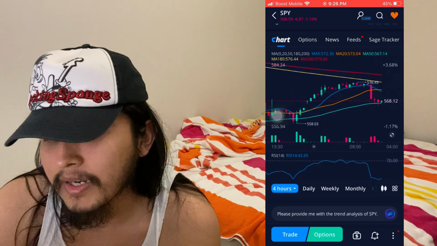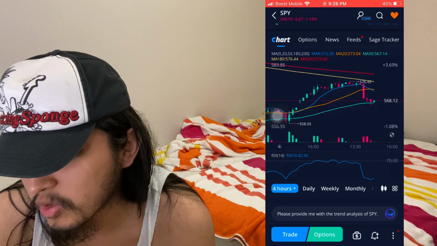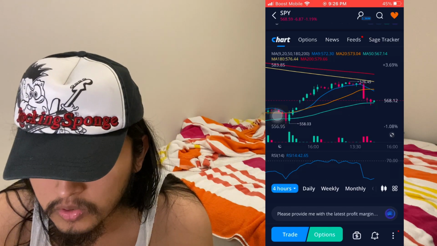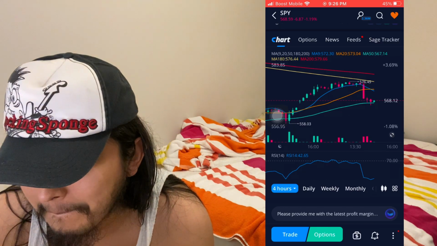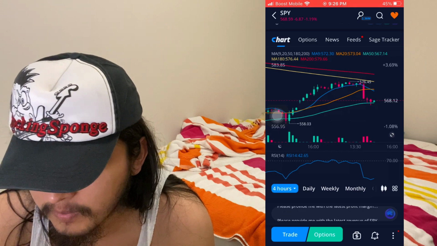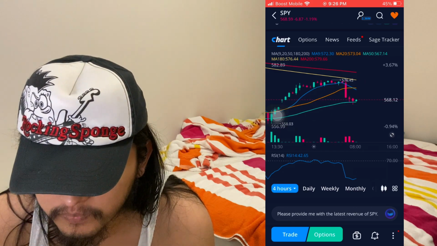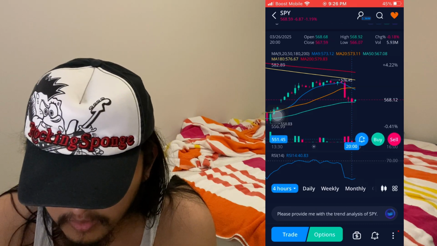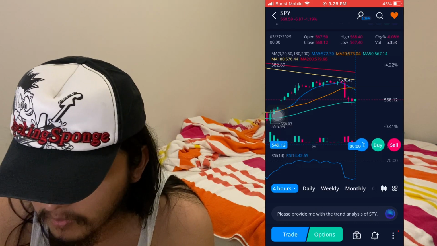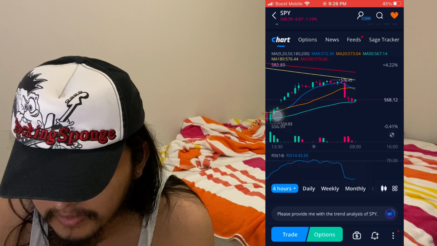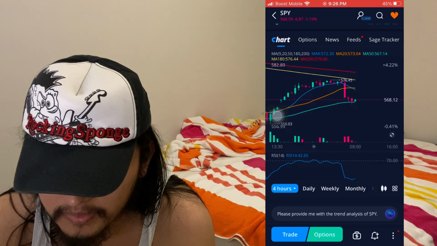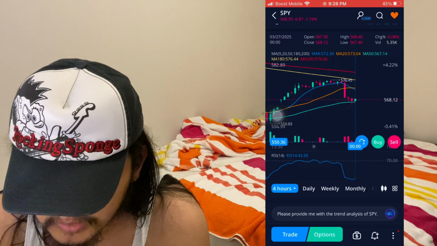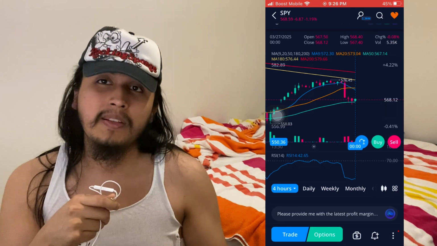So that kind of meant that SPY was trying to change its trend direction, but I guess you could say it failed, because now the 9-day moving average is below the 20-day moving average. But we'll have to see what happens tomorrow, because currently the SPY is above the 50-day moving average on the 4-hour time chart.